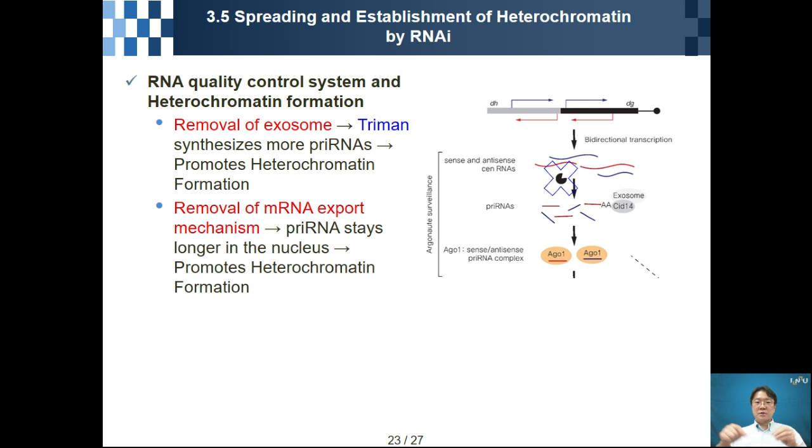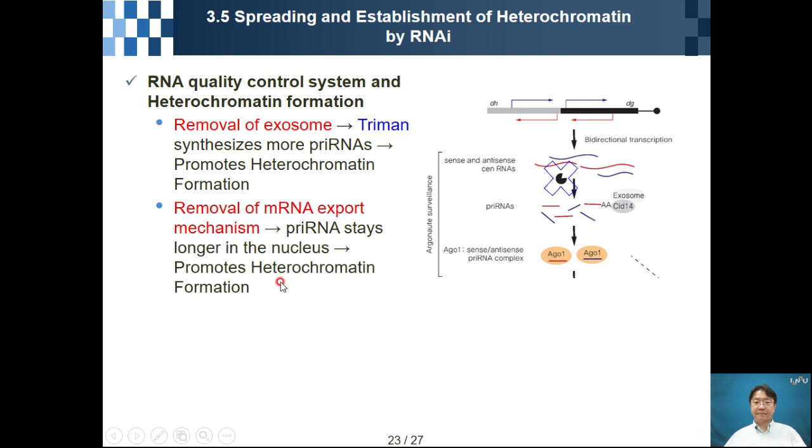So they will go to the cytoplasm. So if we remove the mRNA export mechanism, it means that pre-RNAs stay longer in the nucleus. So the effect is that the cell has more pre-RNAs. It means that this mechanism also promotes heterochromatin formation.